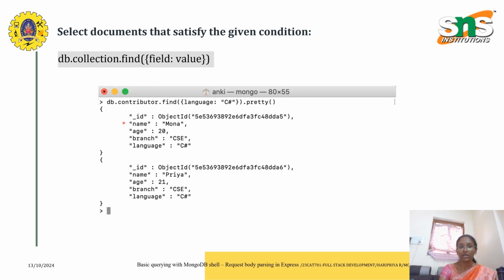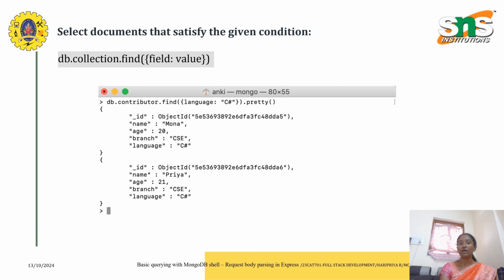So here I'll write db.contributor, where contributor is my table name, right? Then dot find, I will find something in my table. The language field is the field I want to search, and the value I want to search is C#, with the pretty method. We already discussed the pretty method, so I will be using it here.